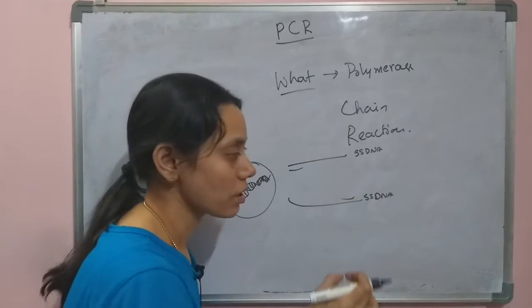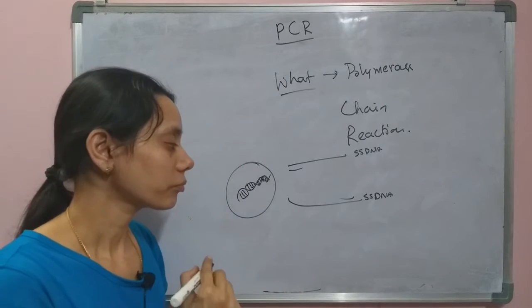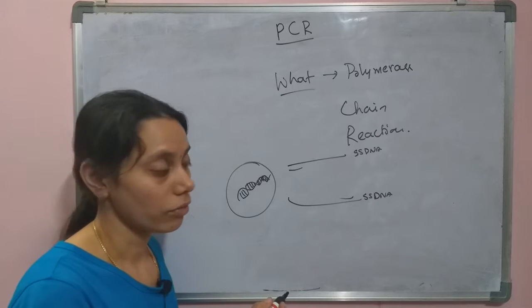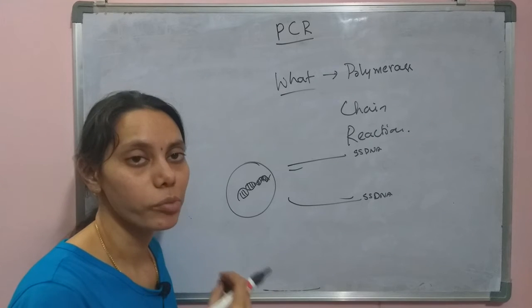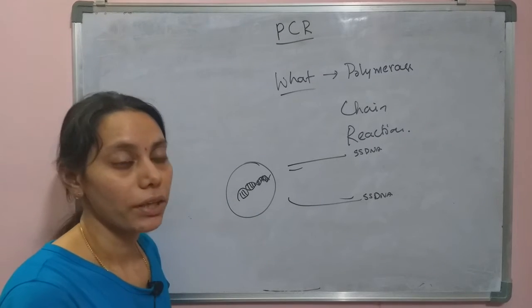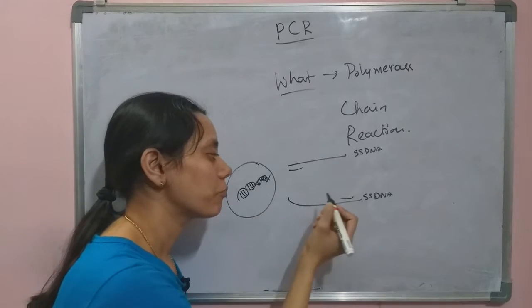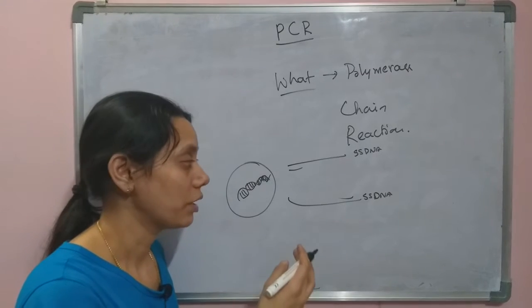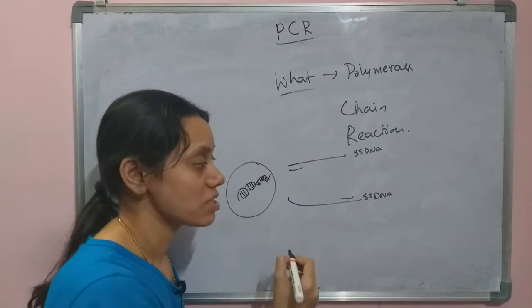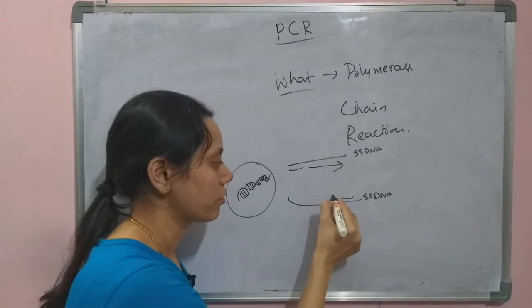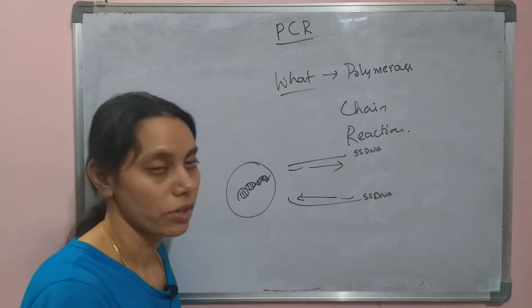These primers are nothing but oligonucleotides which have complementary sequences with the DNA that is going to be replicated. So they go and find the complementary sequences, thereby binding with them. They initiate the synthesis of the complementary strand.